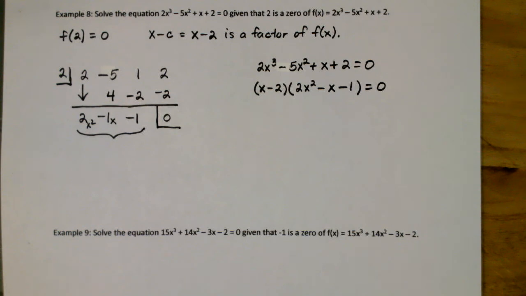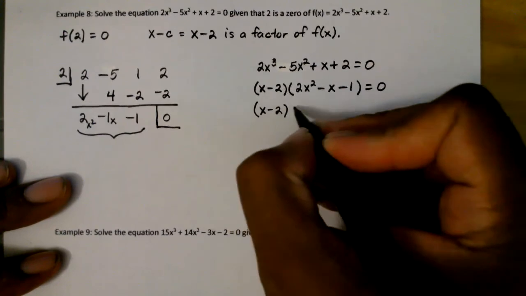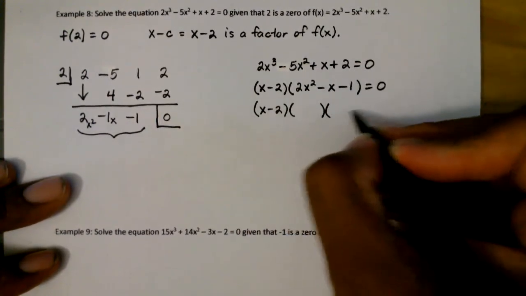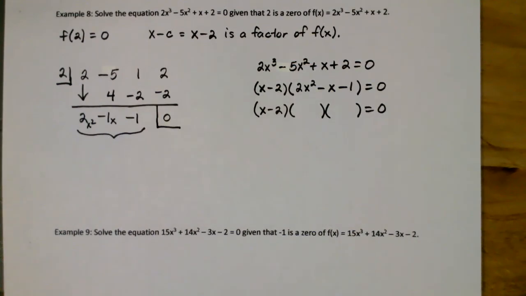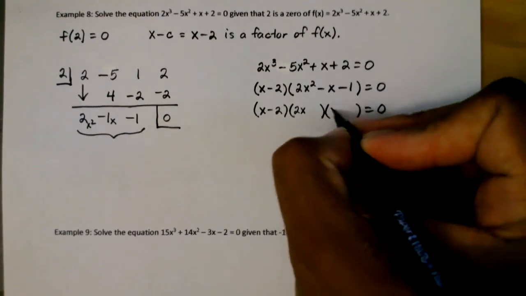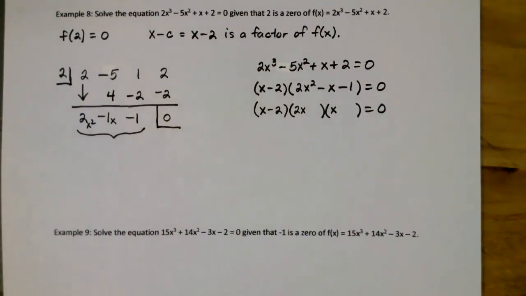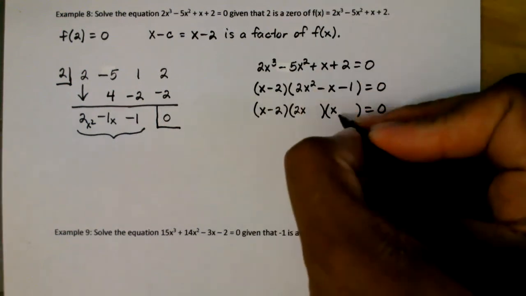Now that 2x squared minus x minus 1 can be factored into 2 binomials here. Let's bring down the x minus 2 and factor that quadratic expression into 2 binomials. I'm going to break 2x squared as 2x and x. So I know I'm going to have -1 and a +1, but I got to put those in a way so that the outer and the inner will give me the middle term of a minus x.